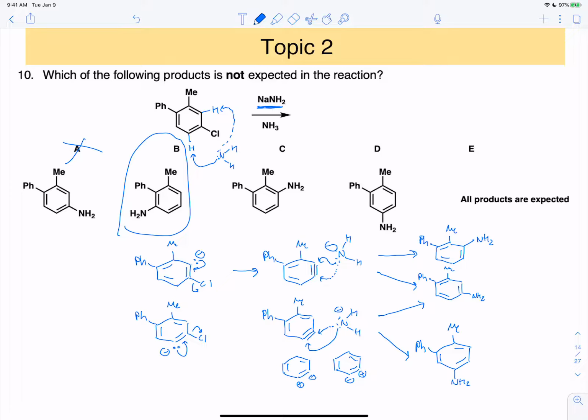We see that we made C, we made D. So maybe a faster way of looking at this is, instead of going through all of these different mechanisms, if you know that you can make a benzyne from either side of the leaving group, that means that all 3 of these positions surrounding the halide can be substituted. If it's not directly adjacent to the halide, that means that a benzyne would never form there because you never could eliminate to make it.